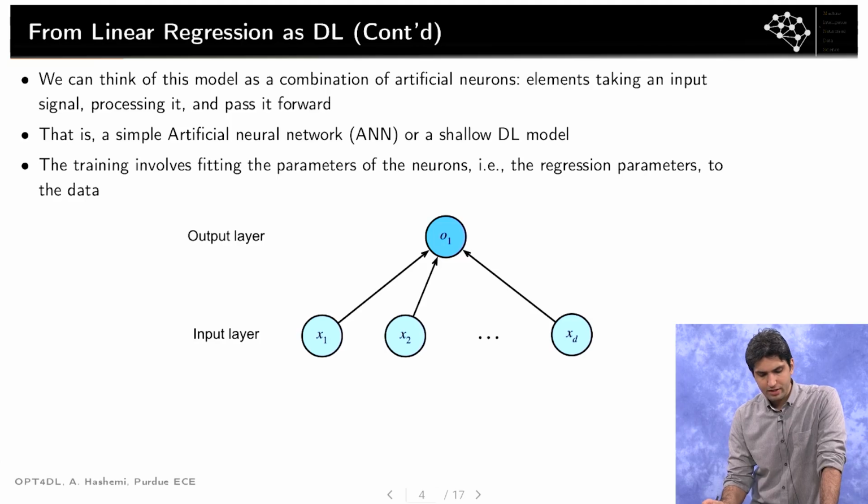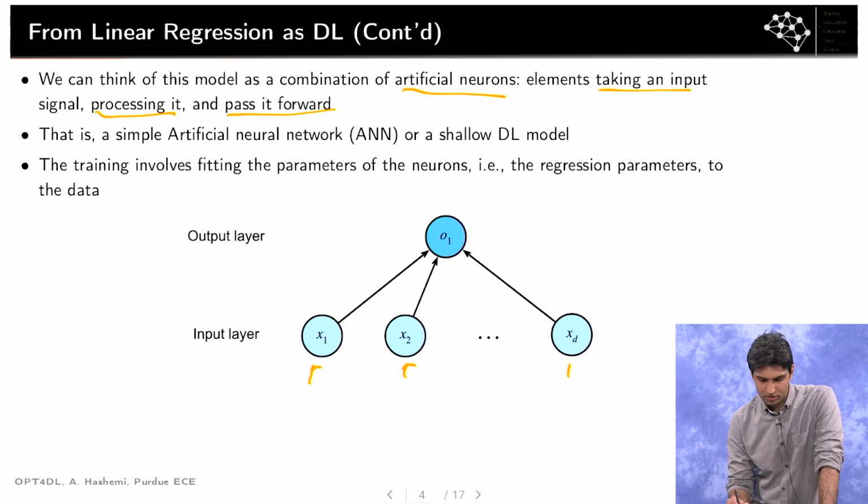Okay, so we can think of this model as a combination of artificial neurons. Essentially, neurons are elements that take an input signal, process it, and then pass it forward. So linear regression is nothing but a very simple artificial neural network or a shallow deep learning model, where we are taking the input features and then processing them.